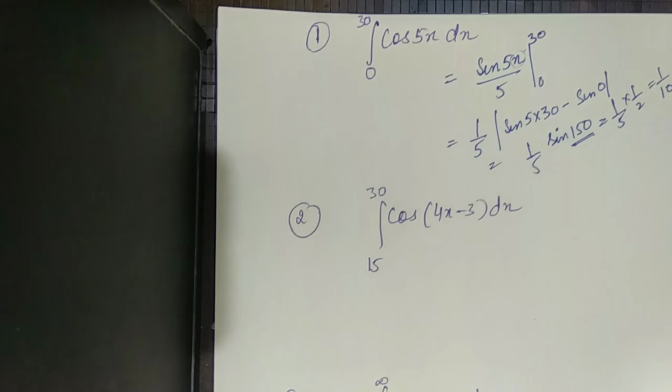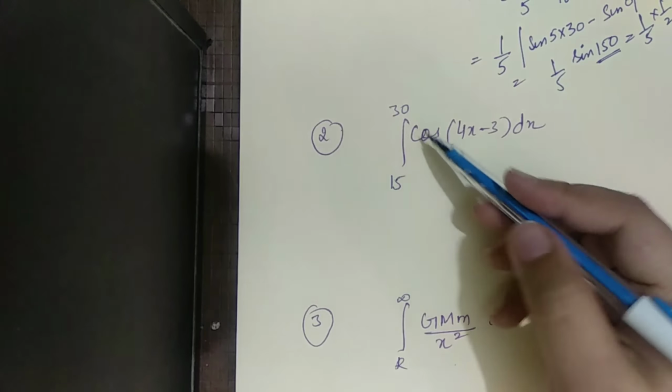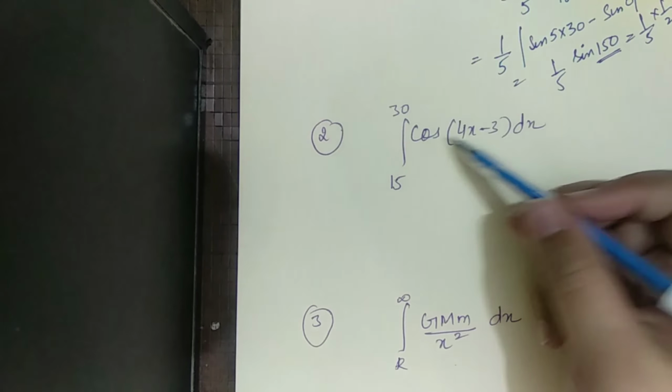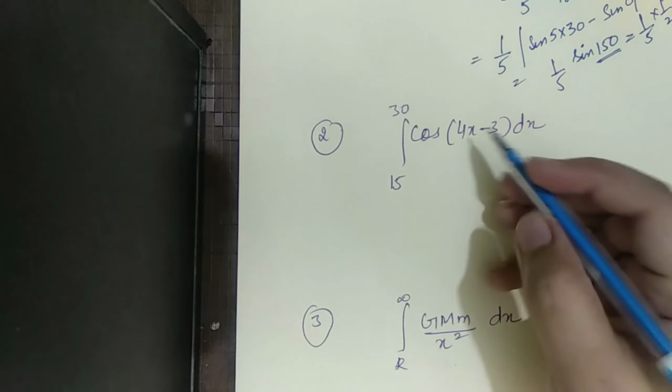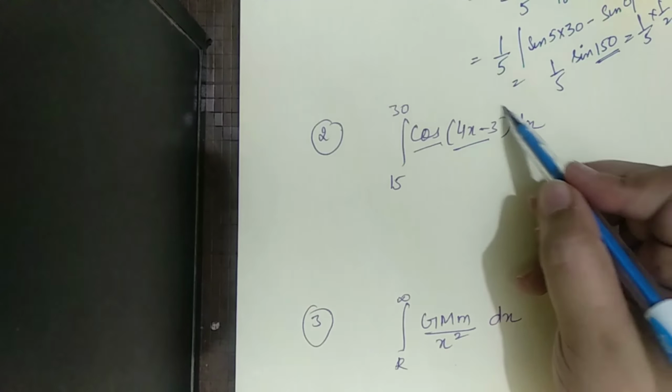Simple. So let's move to another one: cos of 4x minus 3. What will it be?